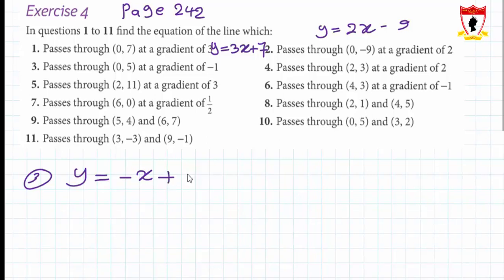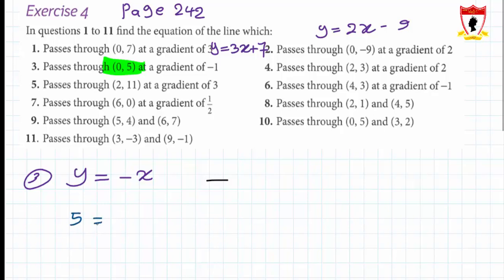It's not necessary to write plus c. We can do it like this. We are sure that y is equal to negative x plus or minus something. To get what's remaining in the equation, we substitute the given coordinates, x and y, in the equation. x is equal to 0 and y is equal to 5.